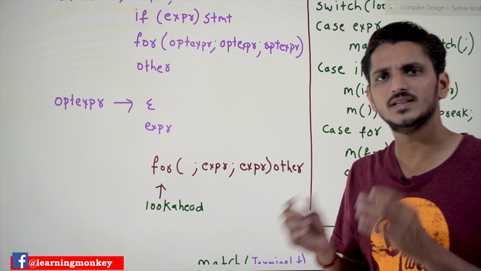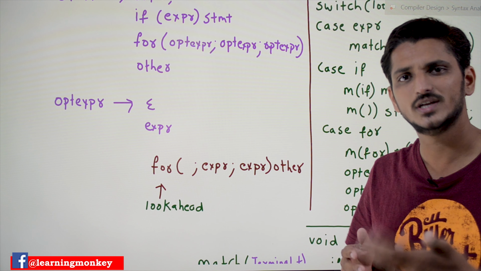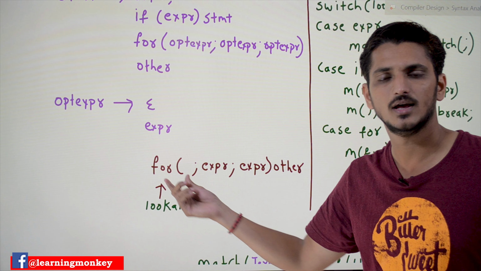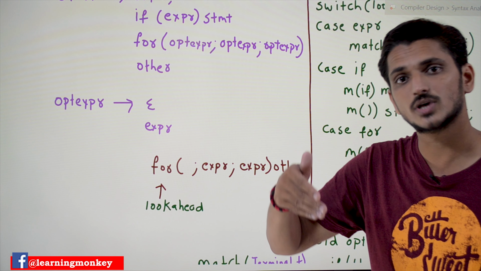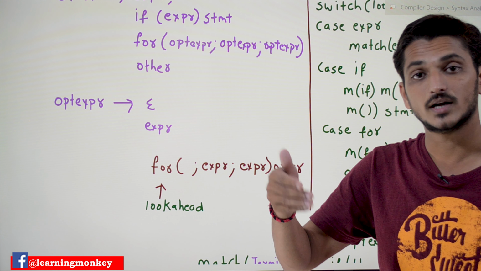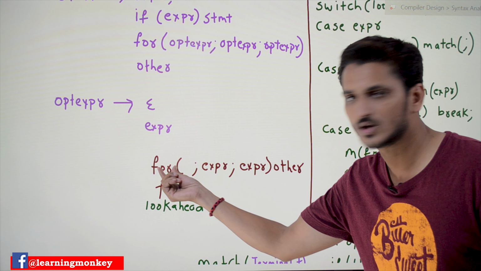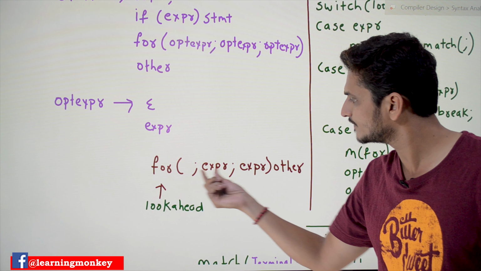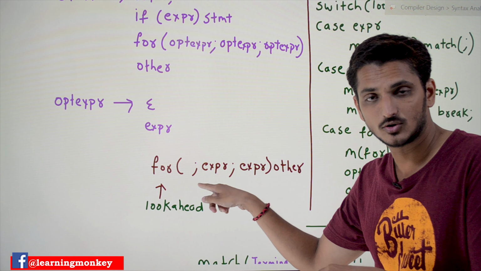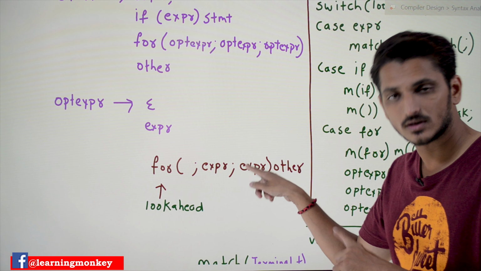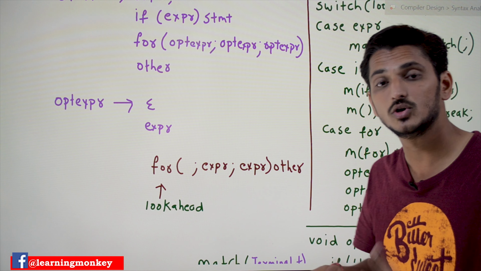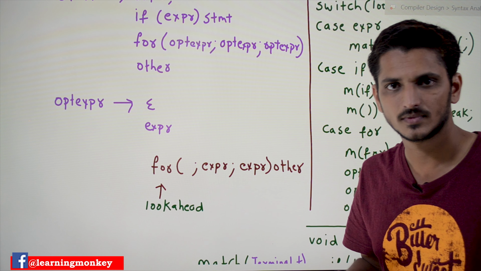For. Don't wonder how it is taking for as input. For our parsing technique, the inputs are tokens that come from the lexical analysis phase. So for is a token, open bracket is a token, semicolon is a token, expr is a token, semicolon is a token. Think about it in tokens.